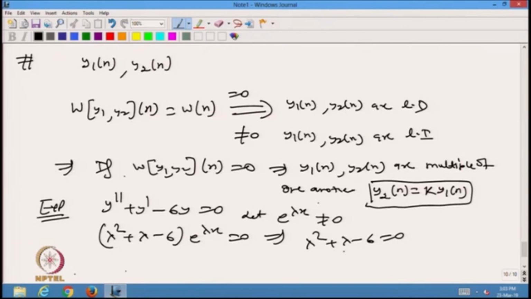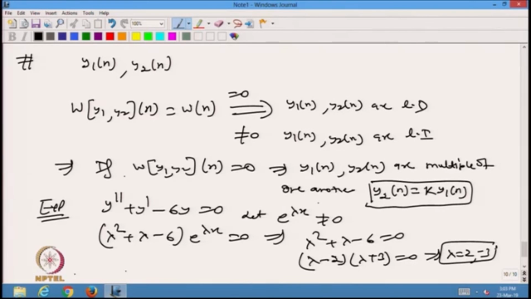If I find the roots of this equation, I get (λ - 2)(λ + 3) = 0. So, from here I can find the values of λ are 2 and -3.